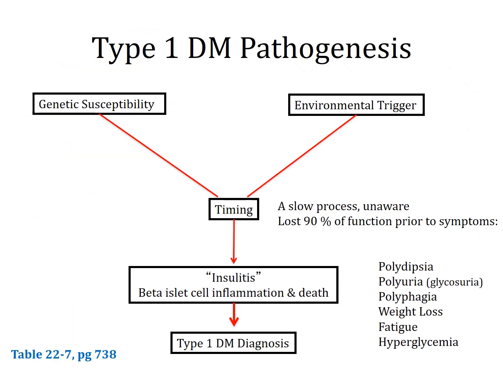Now, if we were going to do a quick summary on the pathogenesis of type 1 diabetes mellitus, or how does one develop type 1 diabetes mellitus, it would look something like this. You would take a genetically susceptible individual who's exposed to some type of environmental trigger, most commonly, at least documented, certain types of viral infections. That initiates an inflammatory process which starts to attack self-antigens.